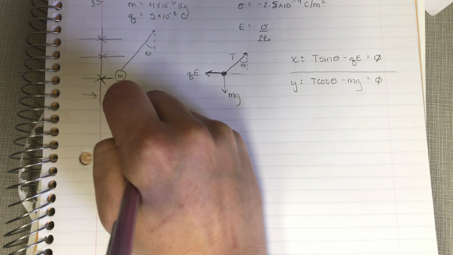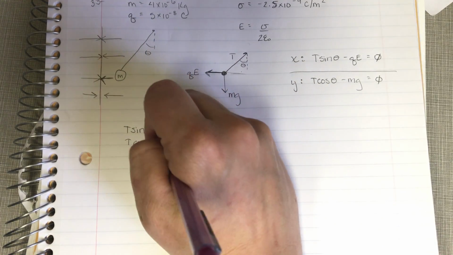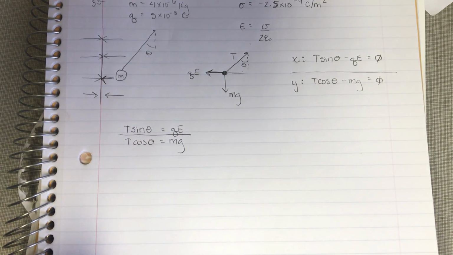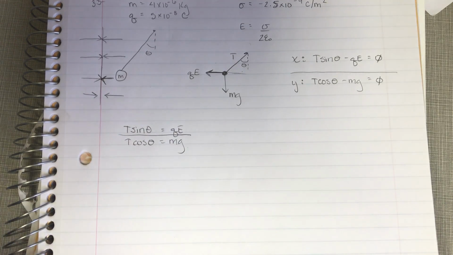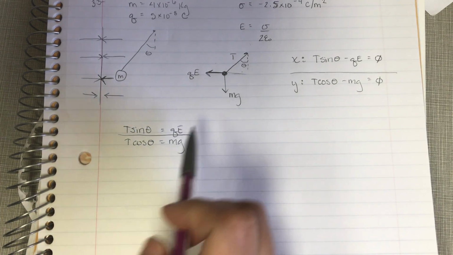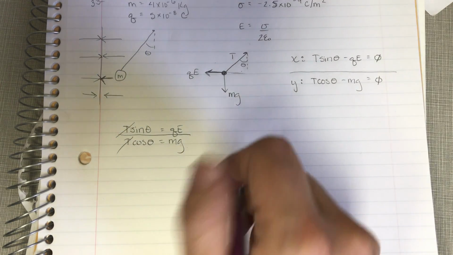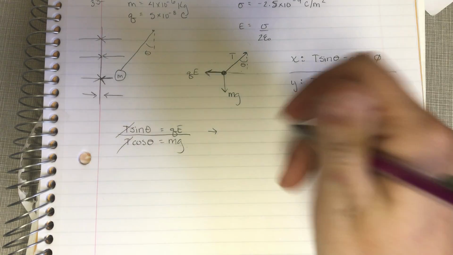And we have T cos theta, move our mg to the other side, is equal to mg. Divide them, which is totally legit, because this side is equal to that side, and that side is equal to that side. So my tensions cancel out. Sweet, because I didn't want to solve for that anyway.